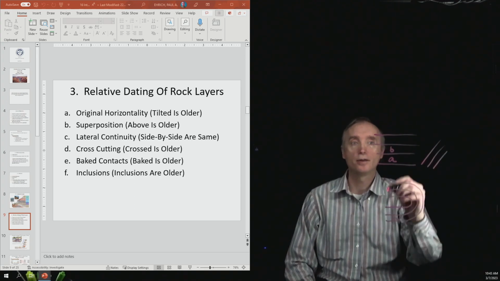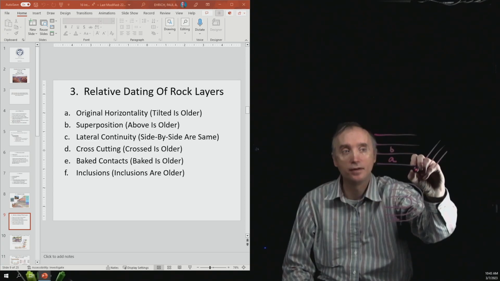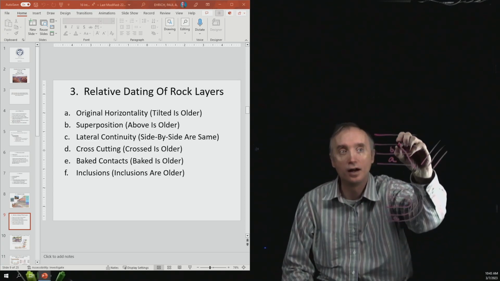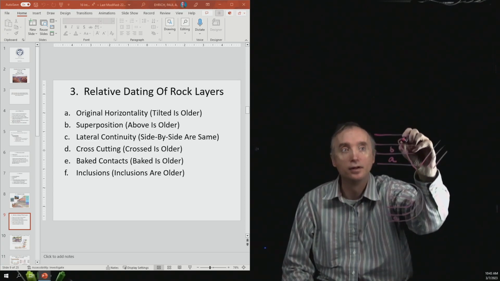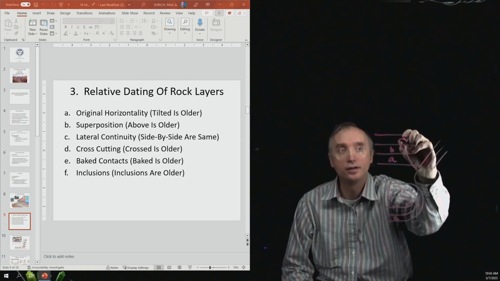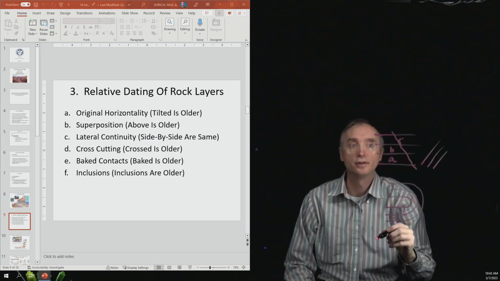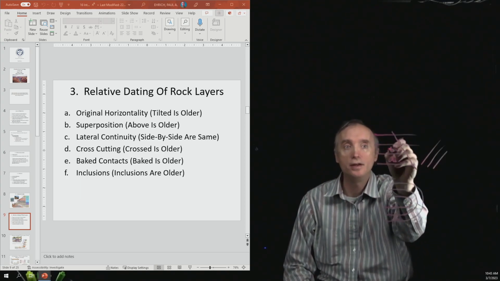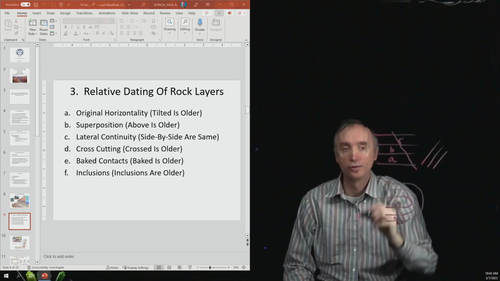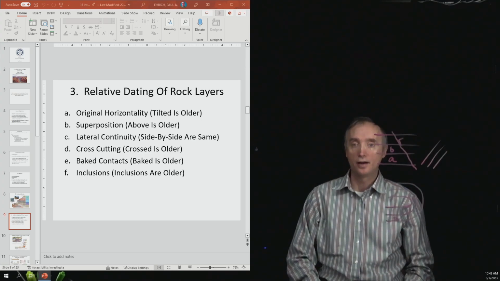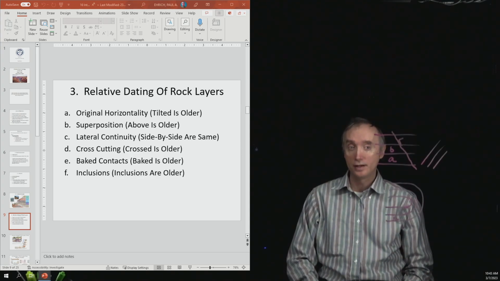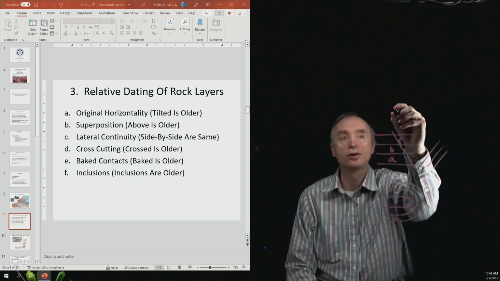So if you've got a bed, and then let's say that for some reason you've got something like this where there is another bed that's cutting across it like that, well, this bed here has to be the older bed.